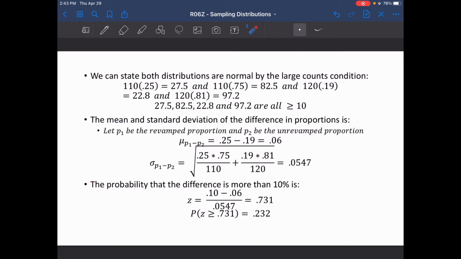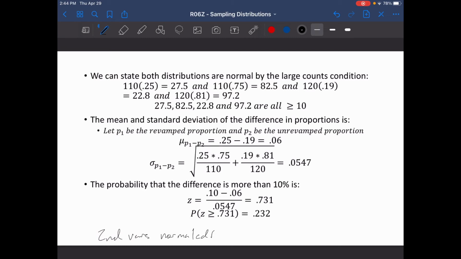So lastly, what we need to do is find the probability that the difference is more than 10%. And how we do that is we can also do that through normal CDF. Now we may have to use a bit more math to figure out our difference as far as this goes, but we can still use second VARS and normal CDF as well for this.